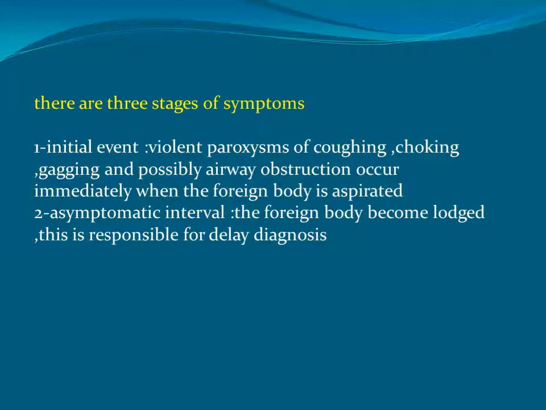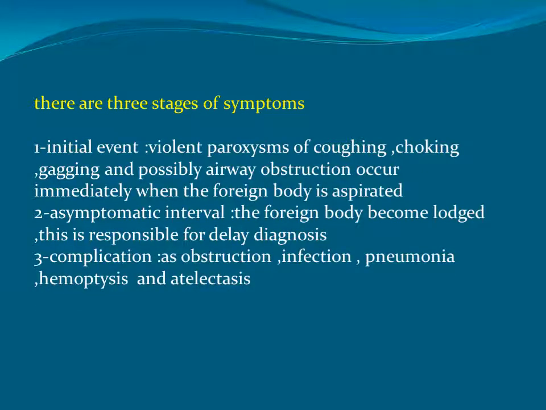The patient has a foreign body and has coughing. Later on, the foreign body will stay in the bronchus and the baby is improving, and this causes the diagnosis to be missed or delayed. And we see many patients who come with recurrent chest problems and later on are diagnosed as foreign body. Third stage, complications: obstruction, infection, pneumonia, hemoptysis, and atelectasis or lung collapse. So these are the 3 stages of foreign body inhalation.